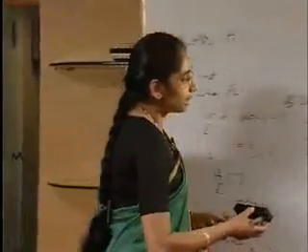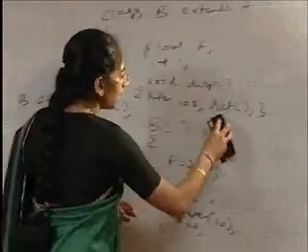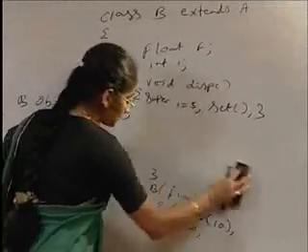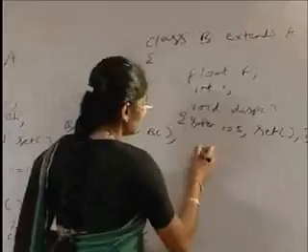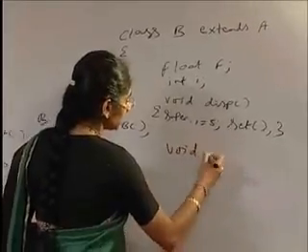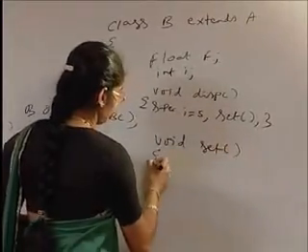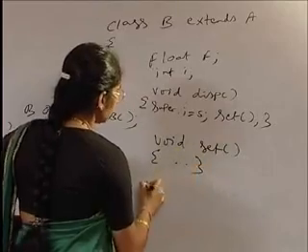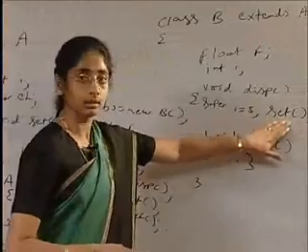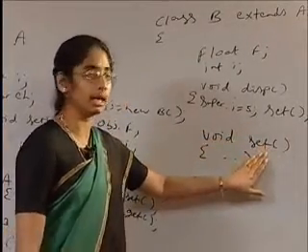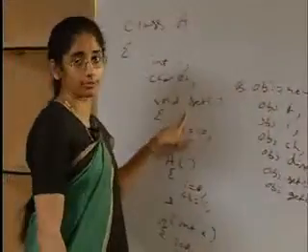Similarly, methods can also be specified in the child. The same method can also be specified in the parent. Now let's say we also have void set here in the child class. Now when we call set here, it will call the set of the child and not the set of the parent.